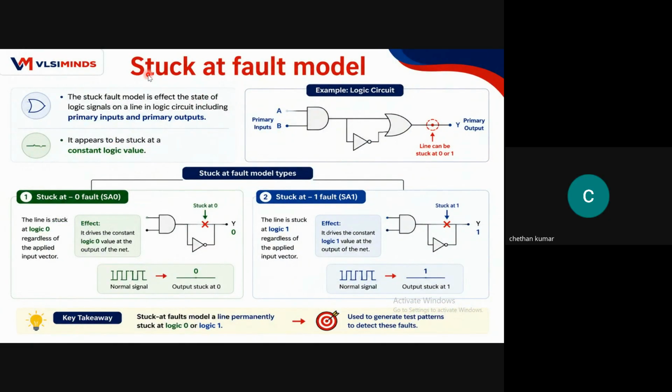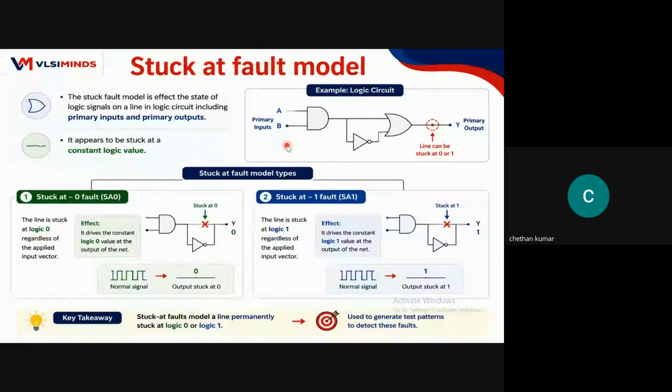Next let us see how the stuck-at models help us find the defects in the circuit. It is mainly to detect whether primary inputs or primary outputs get stuck at 0 or 1. Whenever we want to find stuck-at faults at any internal node, we cannot find them directly at the primary input or primary output.